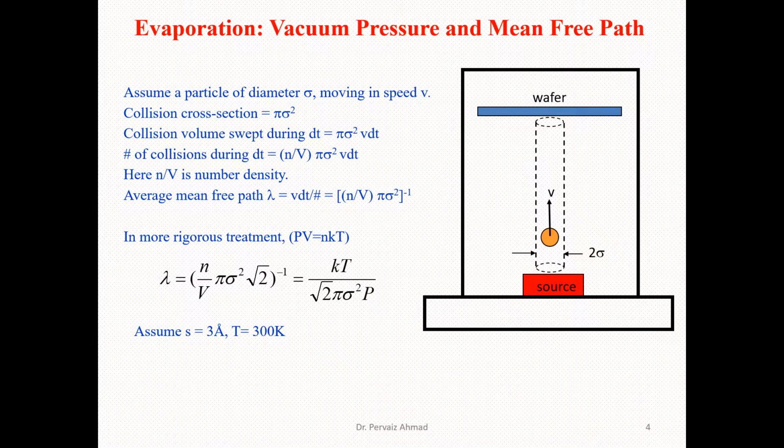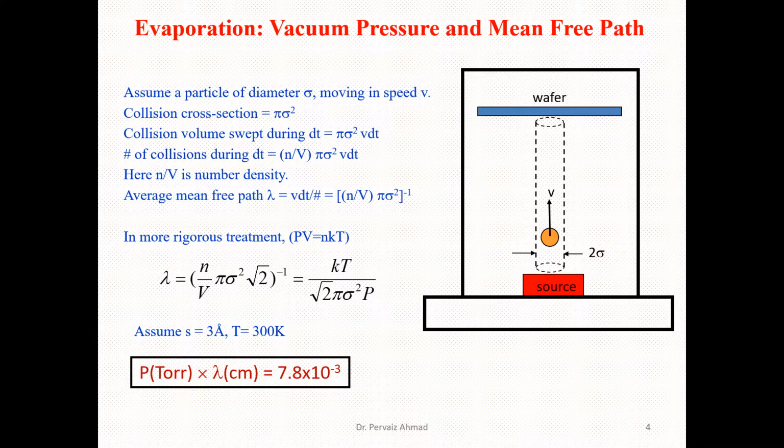So if we assume sigma is equal to 3 angstrom and the temperature is equal to 300 Kelvin, we should have pressure times the mean free path equal to 7.8 into 10 raised to power minus 3.